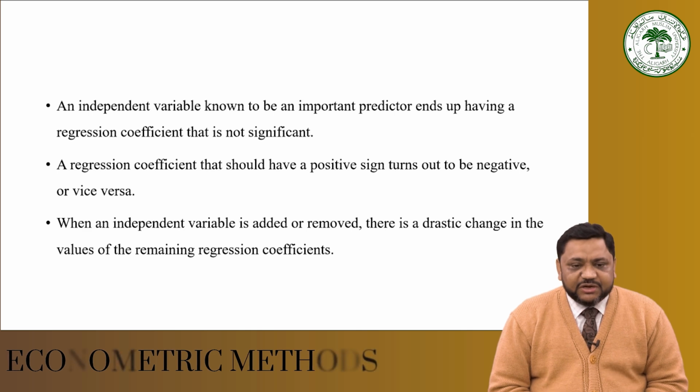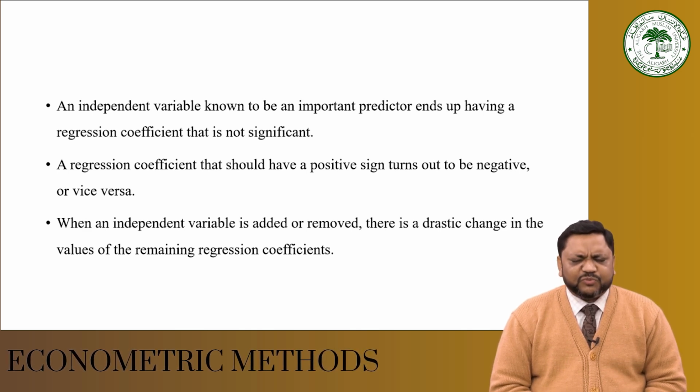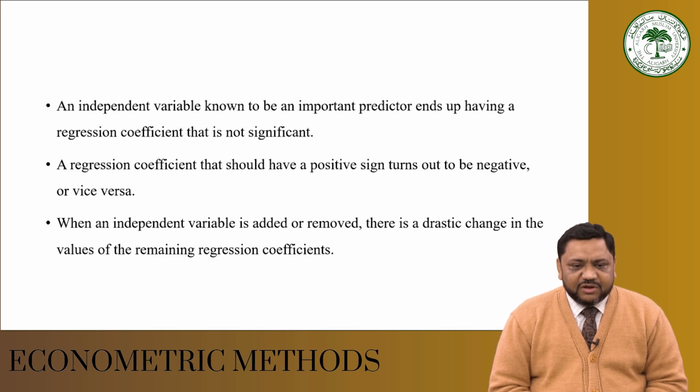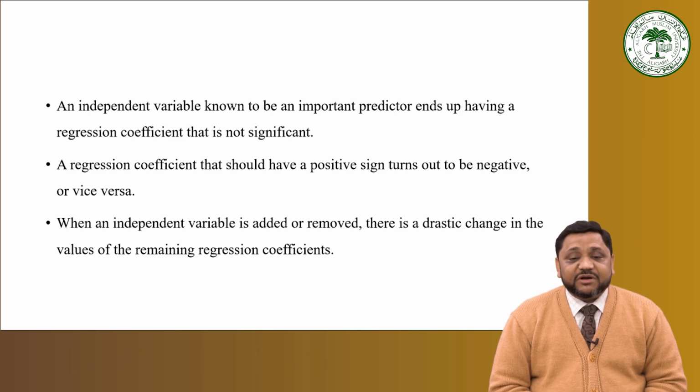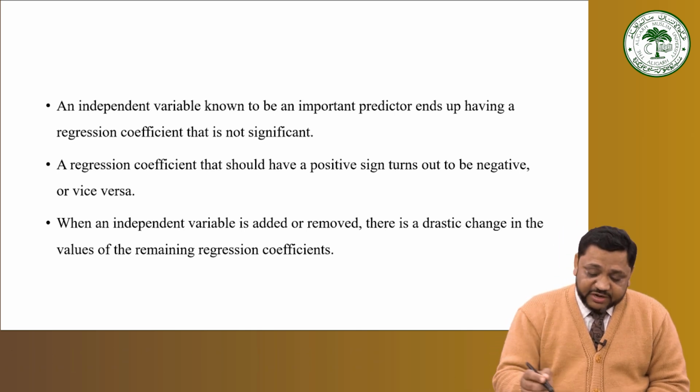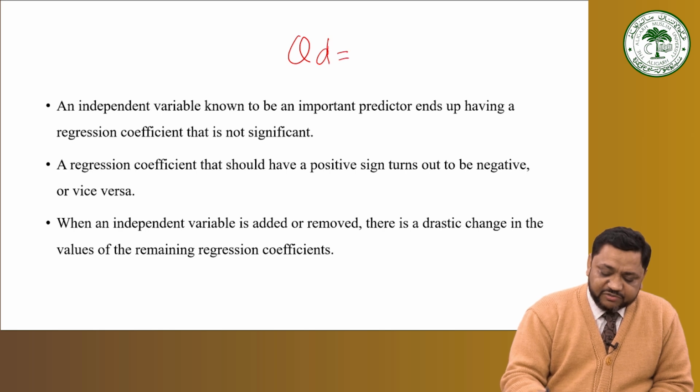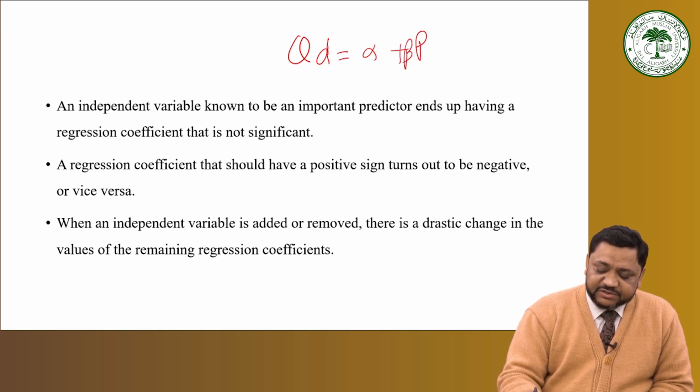We were estimating the relationship between quantity demanded, price and income. We took some hypothetical values, and say we have a situation wherein quantity demanded is equal to alpha plus beta price plus beta 1 income.